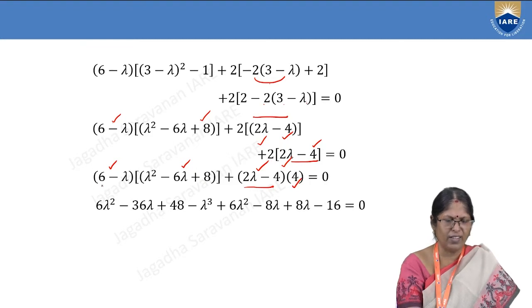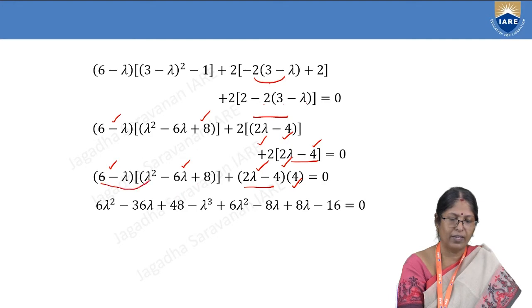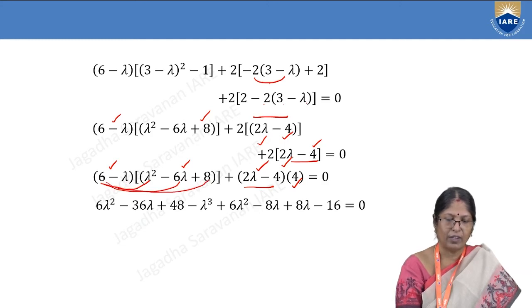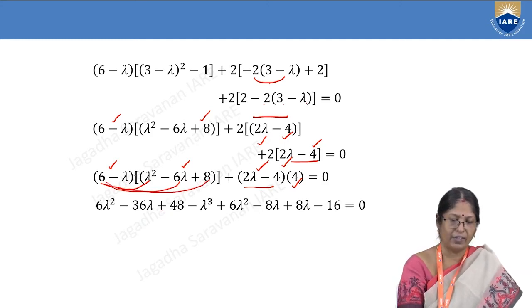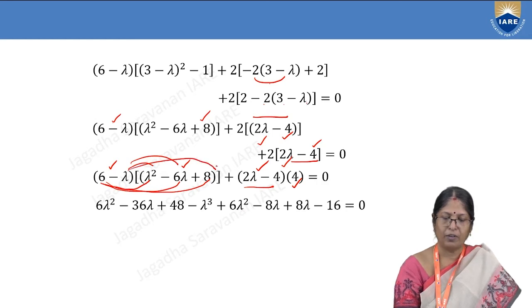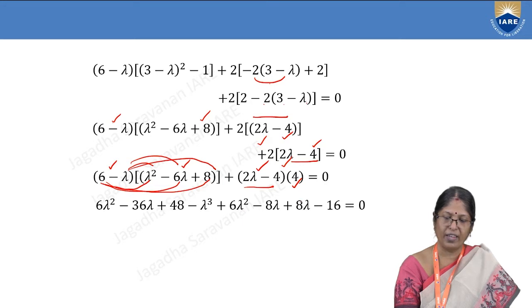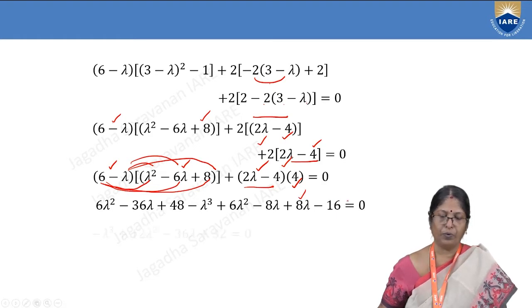Next, 6 taking, we are completely multiplying, that is 6 lambda square minus 36 lambda, next 48, next minus lambda cube plus 6 lambda square minus 8 lambda. Now this 4 we are taking, 4 into 2 lambda, 8 lambda minus 16 equal to 0.